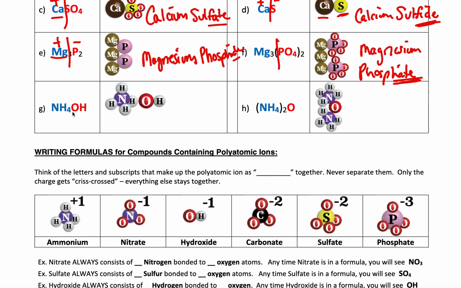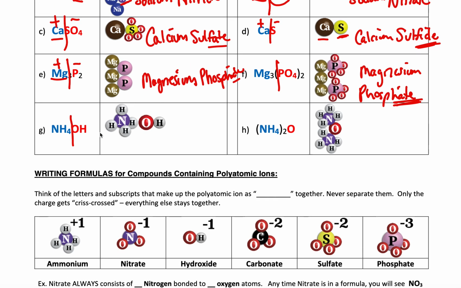All right, over here. When you split this, I knew to split it because I recognize this as ammonium and this as hydroxide. You might not recognize that yet. Obviously, it's red and blue. It's pretty easy to see. But you have to get in the habit of checking to see what your cation is.